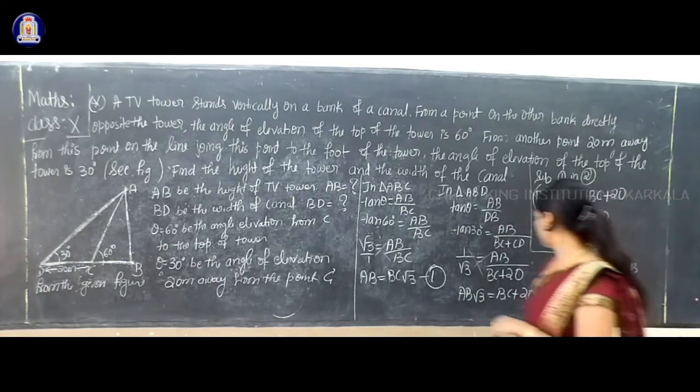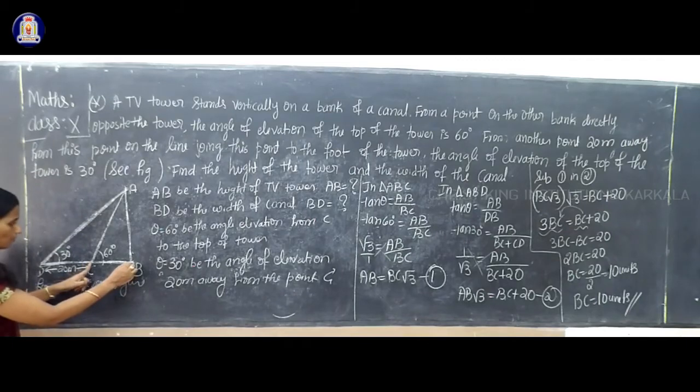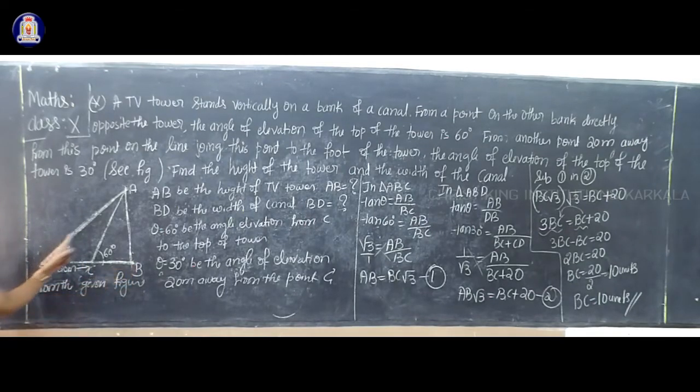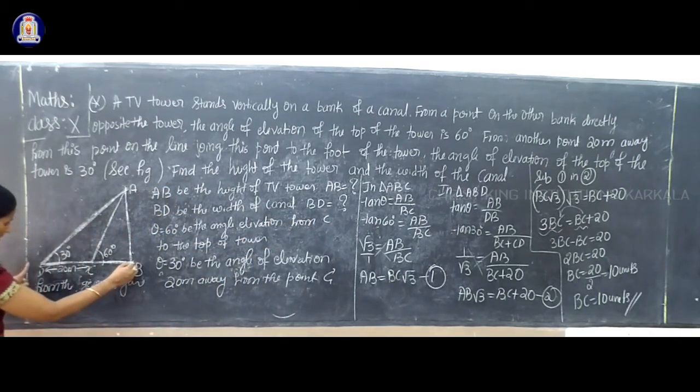Now what I need is BD, the width of the canal. BC we got as 10. To find BD, CD is 20 and BC we just got, that is 10.